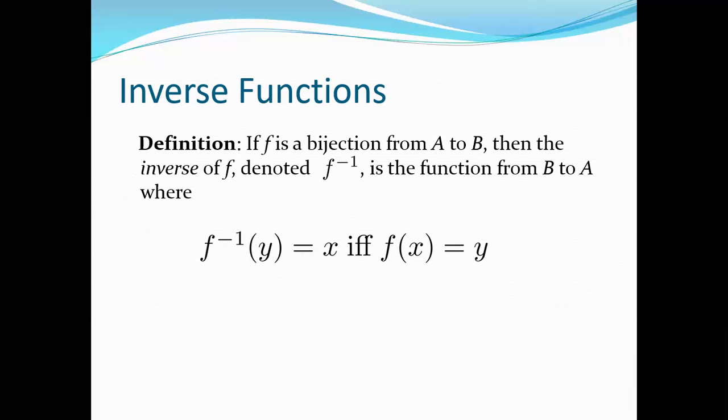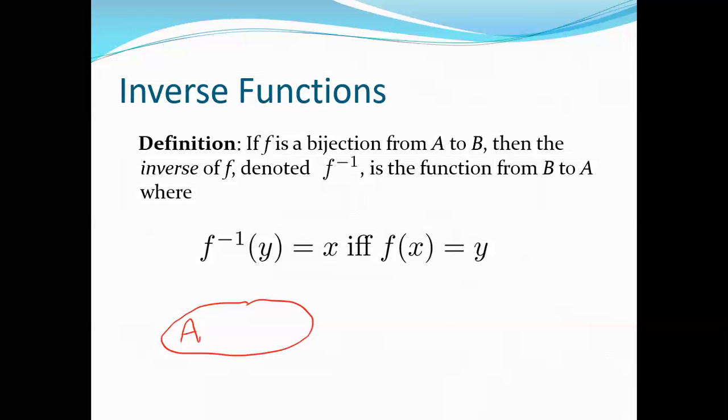If f is a bijection from A to B, then the inverse of f, denoted by f with a little minus 1, which is not to be confused with 1 over f, yes? The inverse function is the function from B to A that just does the exact opposite of what f did, okay? So for instance, let me just draw a little picture here.